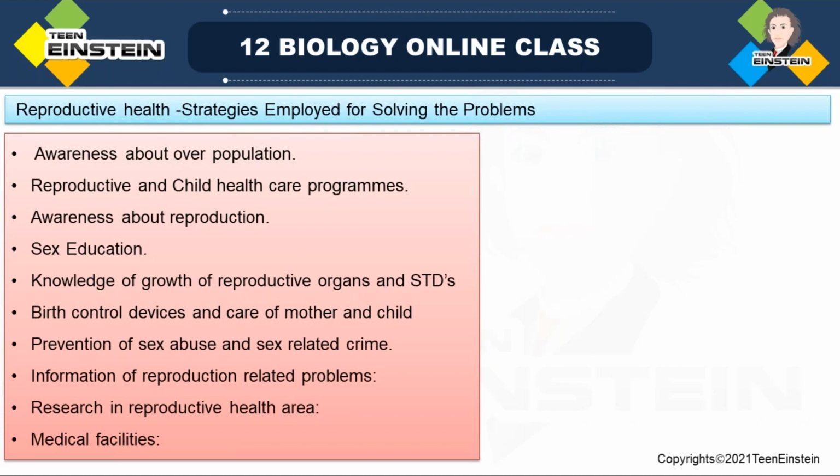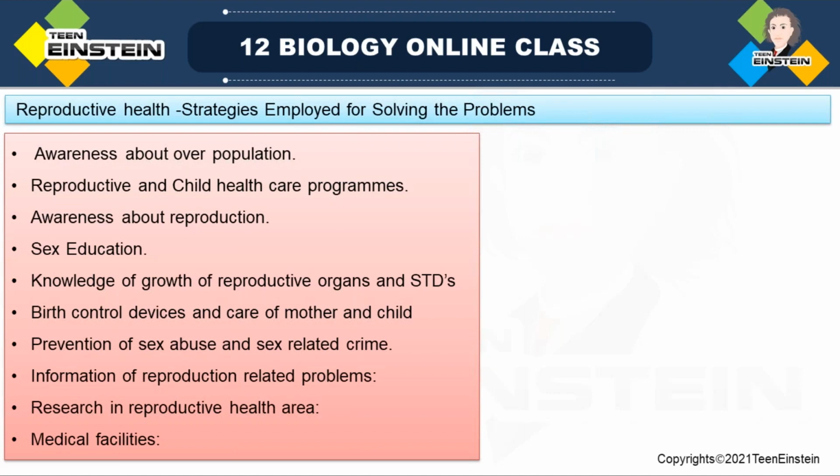Now, the programs employed for solving the problems of a reproductively healthy society. One such program is the family planning program, initiated during 1951-52. Not only this program, there are so many programs like this.